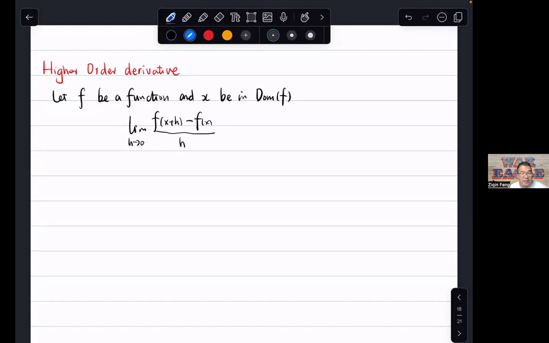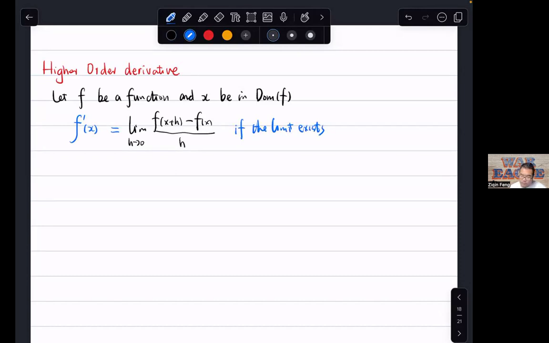If such a limit exists, so the derivative exists, you get a new number, which is called f prime of x. When we say the limit exists, we mean the limit exists as a finite number. So you put all the x whose derivative exists together, you get a new function, which is called f prime.